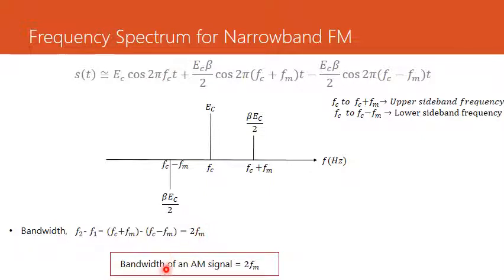The bandwidth of this FM signal is the same as the bandwidth of an AM signal. For both AM and narrow band FM, the bandwidth is given as 2 times the modulating signal frequency.